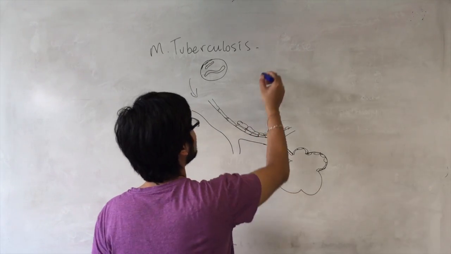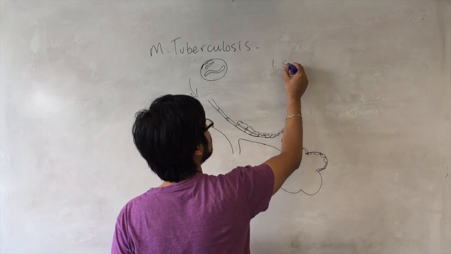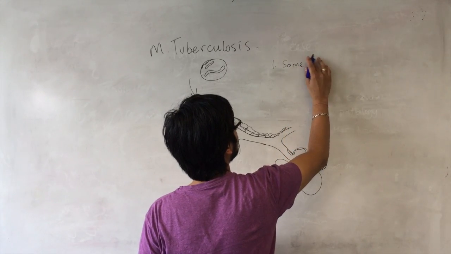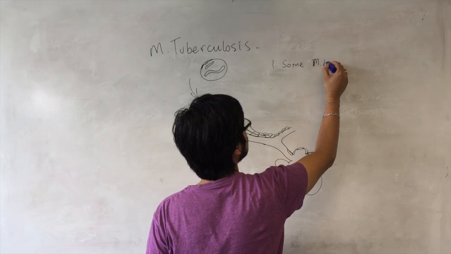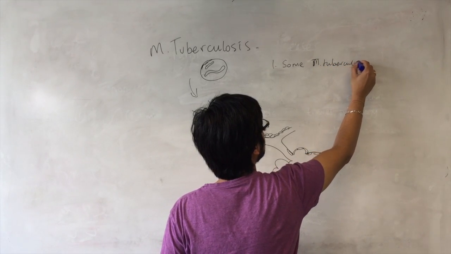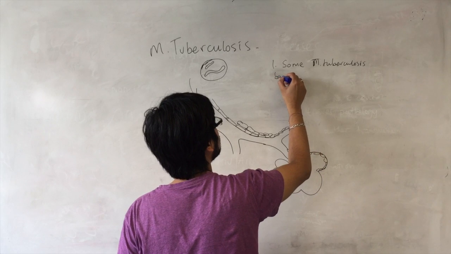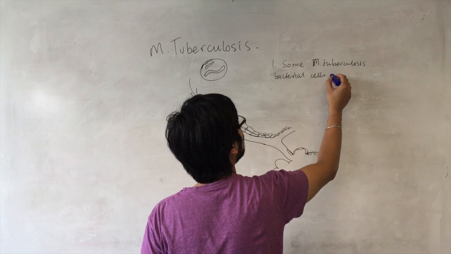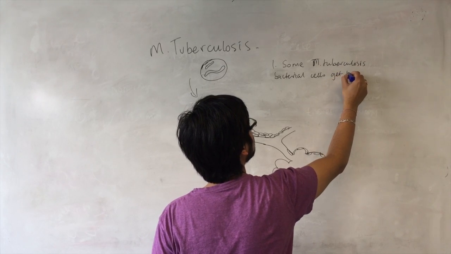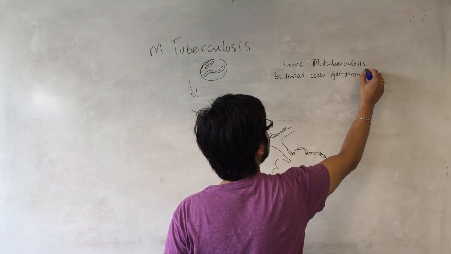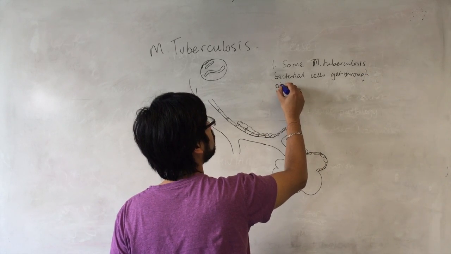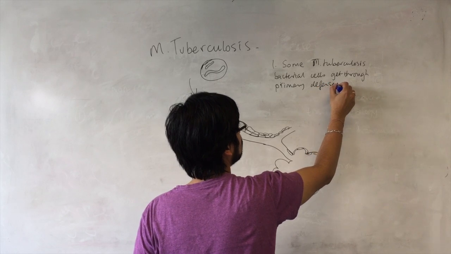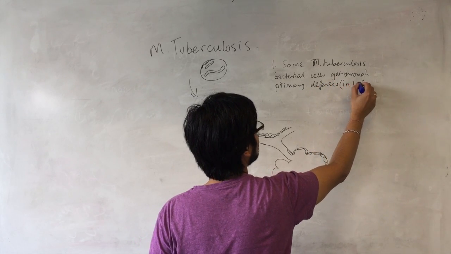So what you have to accept first of all is that some tuberculosis bacterial cells get through what we call our primary defenses. And this is happening, remember, in the lungs.